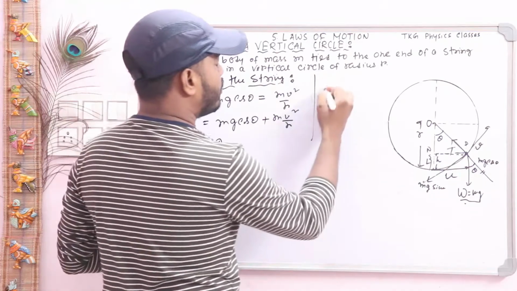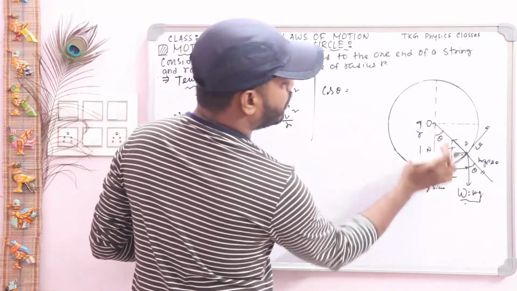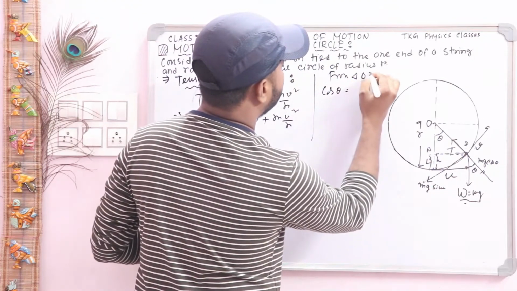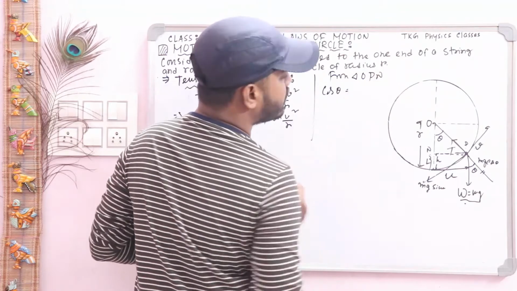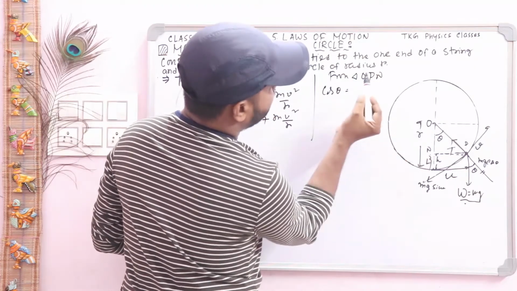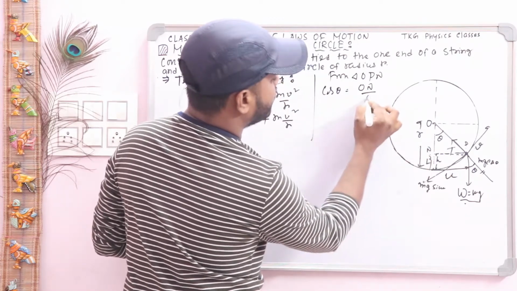Now at first you find cos theta from which triangle? From triangle OPN you can write cos theta. This is the angle, so O2N is the base and the hypotenuse is O2P.